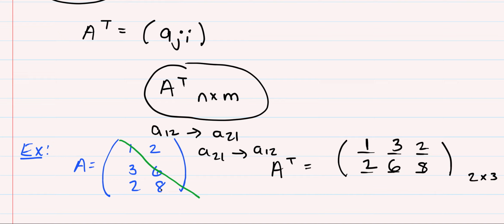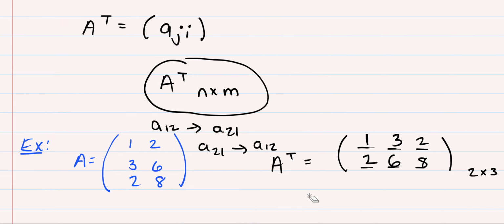This one was in the 3,2 spot, so it goes into the 2,3 spot, right? You can see this was A3,2. Now it goes to A2,3. So A2,3 is right here. Do you see how these have been flipped up here? If I drew a line here, you could see they're flipped up here, and this 2 is now down here. But let's erase this line because we don't really need it.